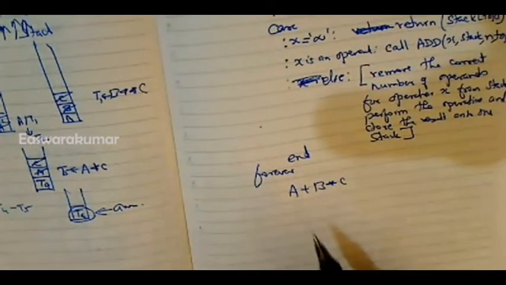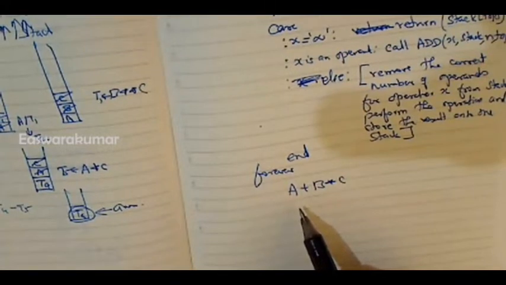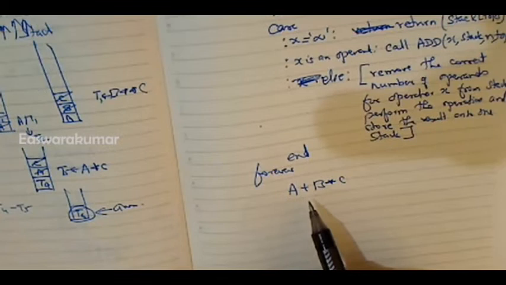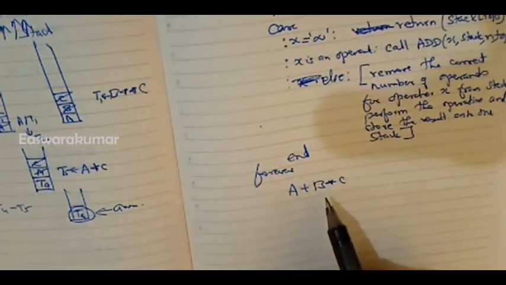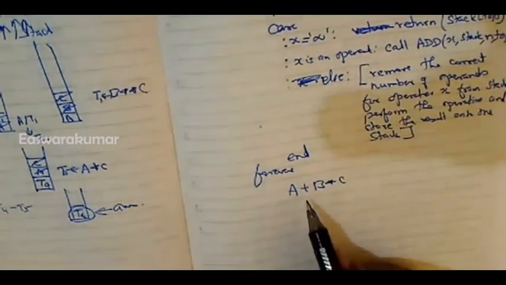In the previous case, an operand was stored inside the stack, but here we will store the operator inside the stack. So to convert from infix to postfix, whenever an operand comes, we simply write it, and whenever an operator comes, we store it inside the stack.